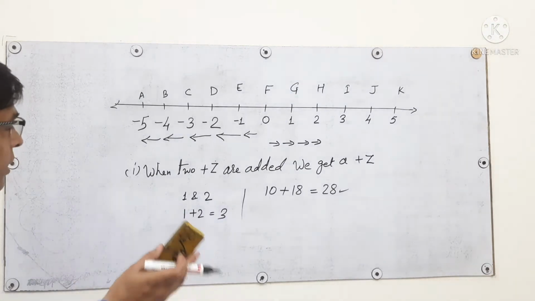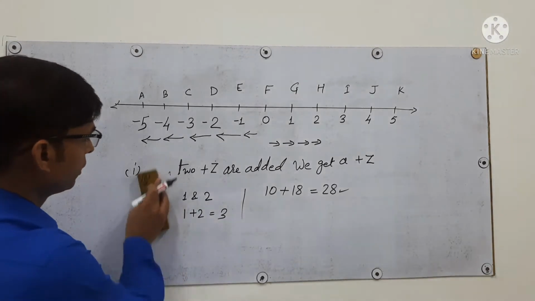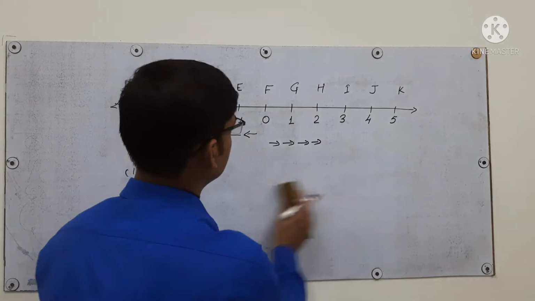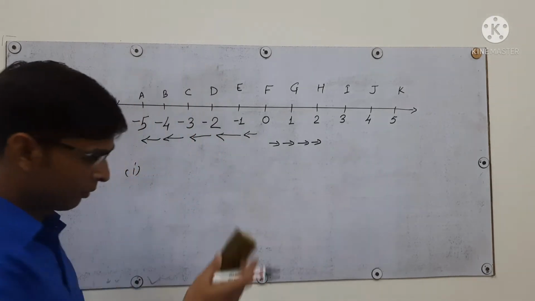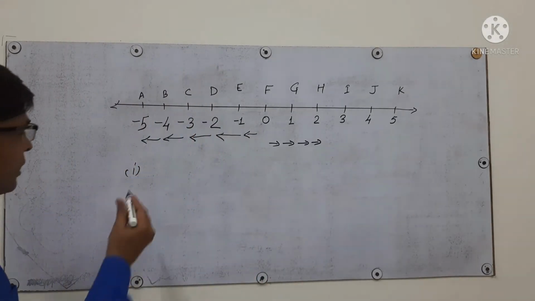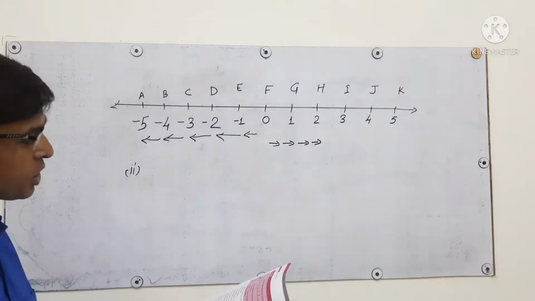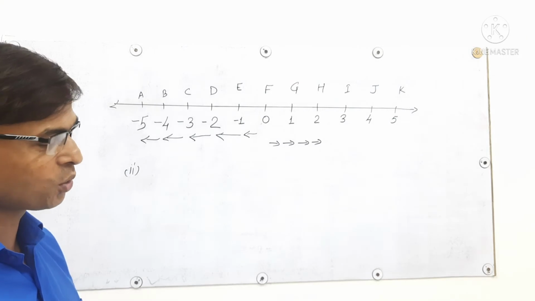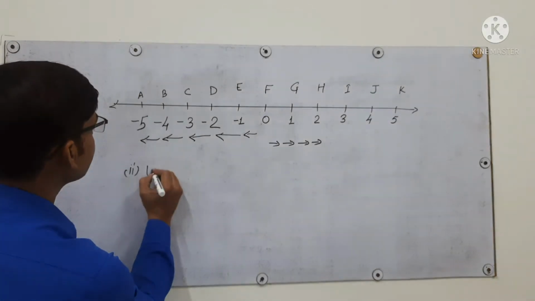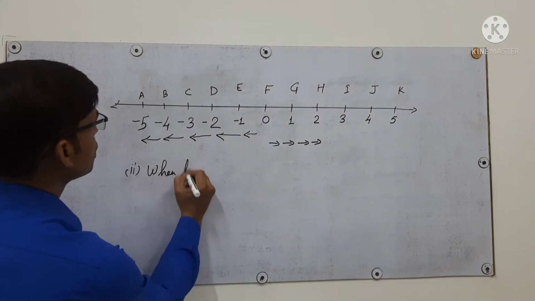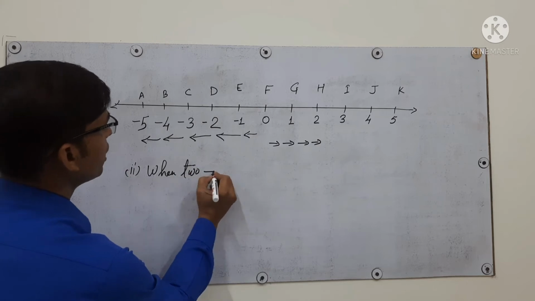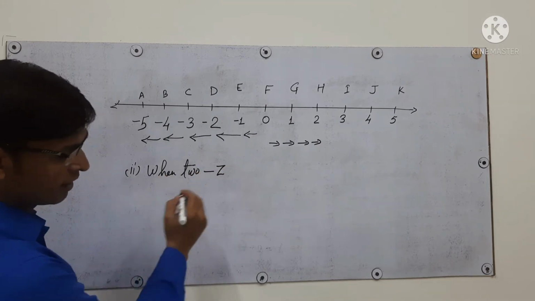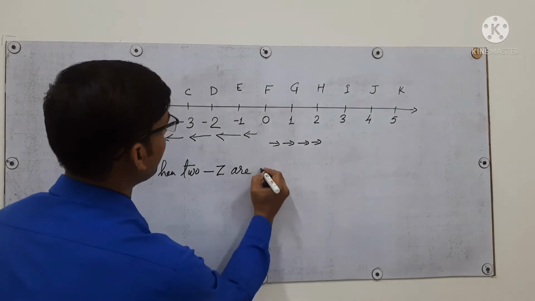Now I am doing the second question. The second question is: when two negative integers are added, we get a positive integer. I am writing it here in short form.